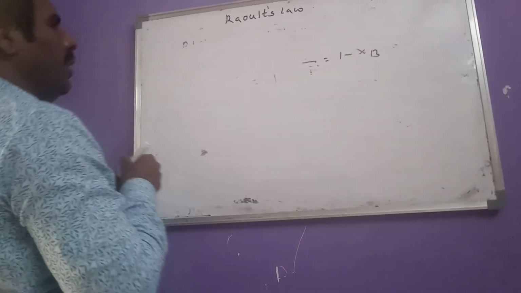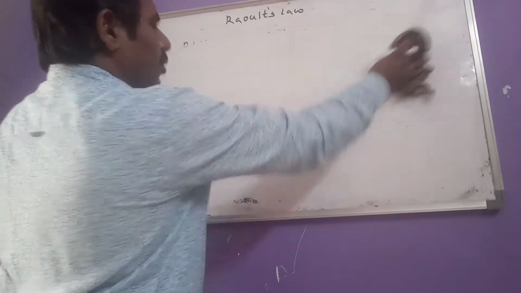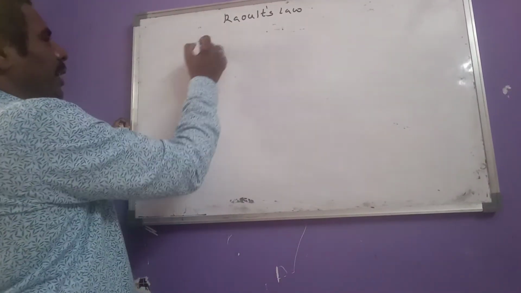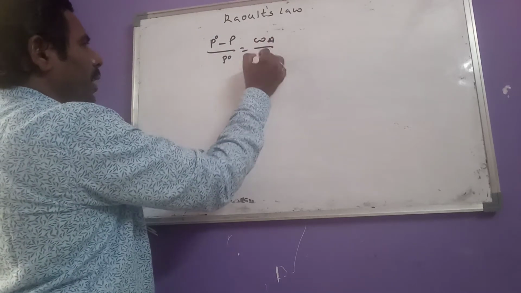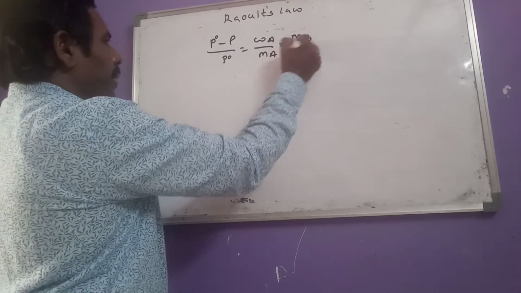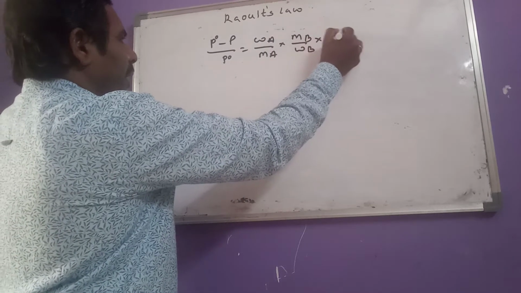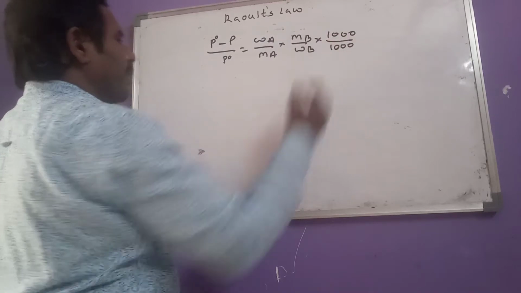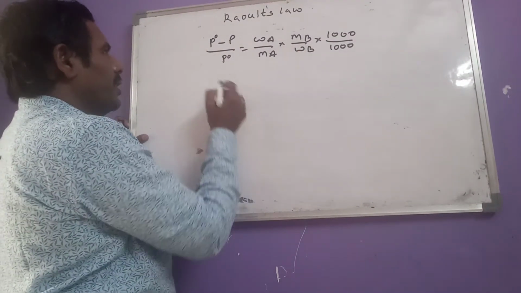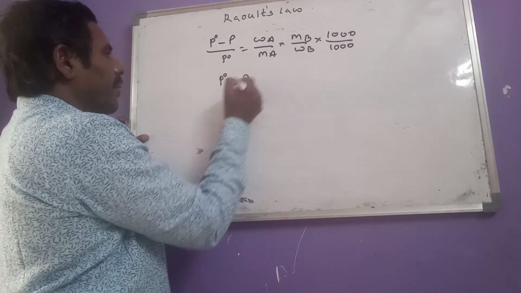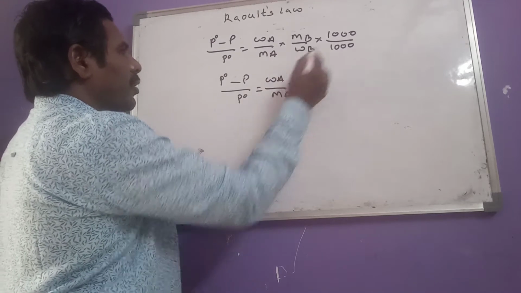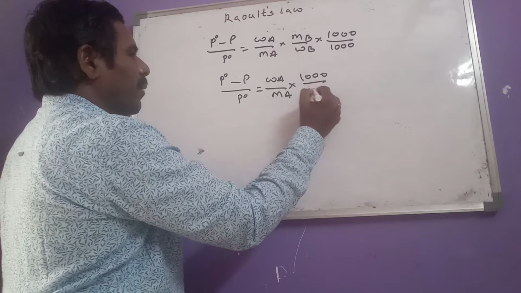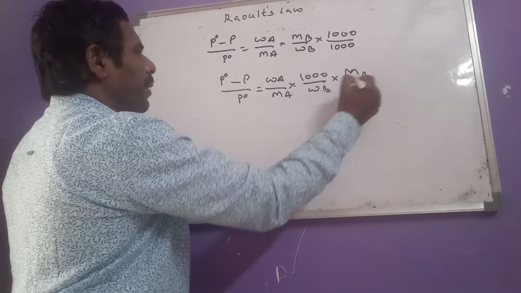Here, by multiplying and dividing that expression with 1000, (P naught minus P) by P naught equals Wa by Ma into Mb by Wb. Now a small change we have to make here: (P naught minus P) by P naught equals Wa by Ma into 1000 by Wb into Mb by 1000.